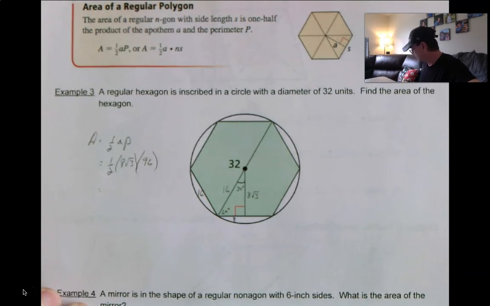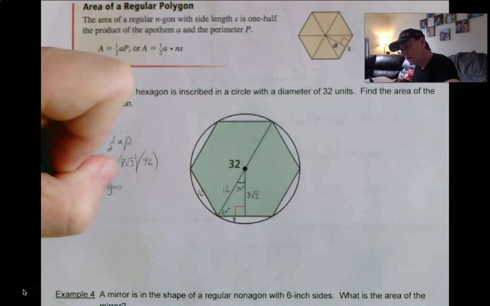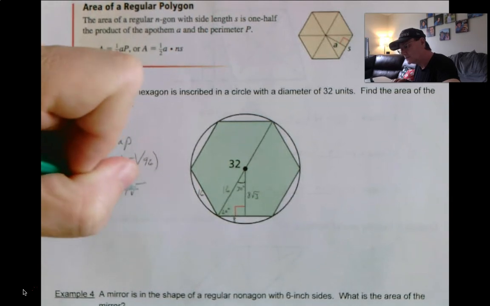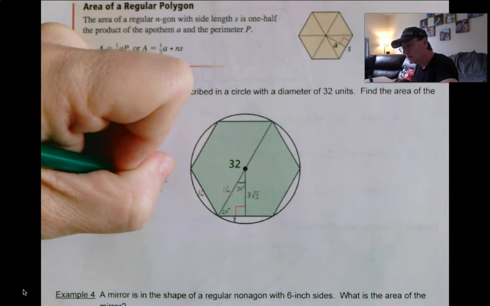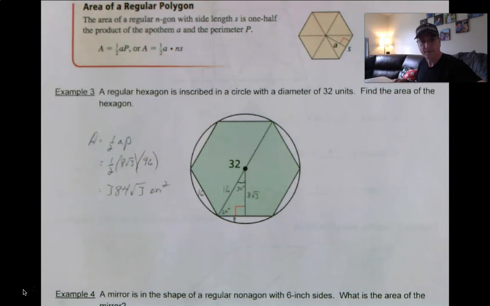Find the area. We're going to leave it in simplest radical form. 96 divided by 2 is 48. 48 times 8 is 384 square root 3 units squared, or square units.